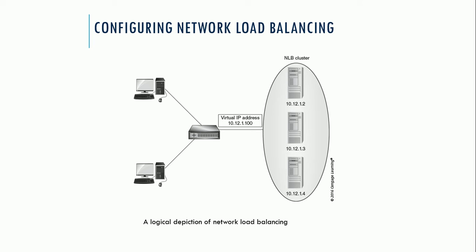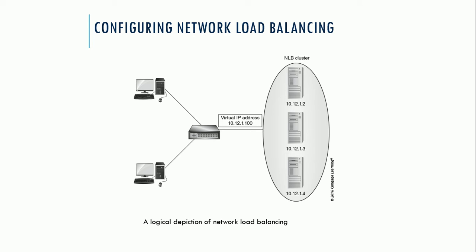And what happens is the three computers running Windows clustering services or network load balancing are each able to listen on that same virtual IP, the 10.12.1.100 address, but they each also have their own IP address to communicate with one another. The idea is that they share information between each other so that they can figure out who's going to respond to which requests coming from which clients on the network.